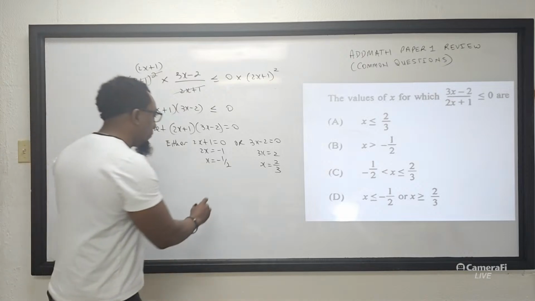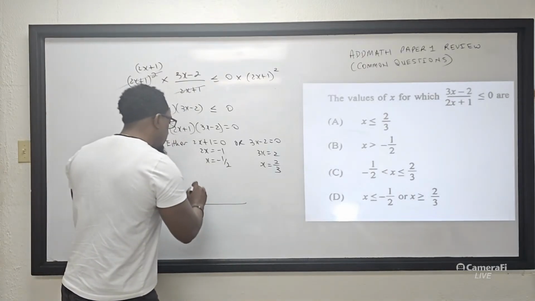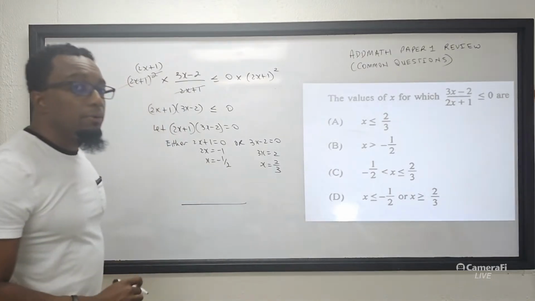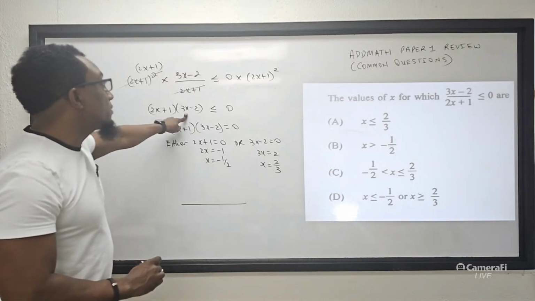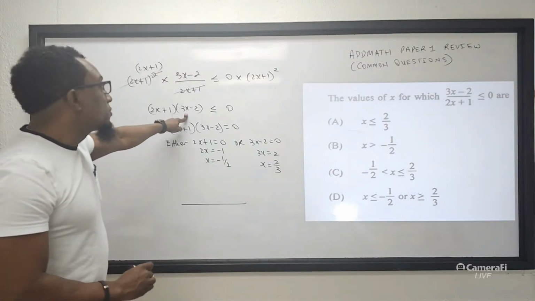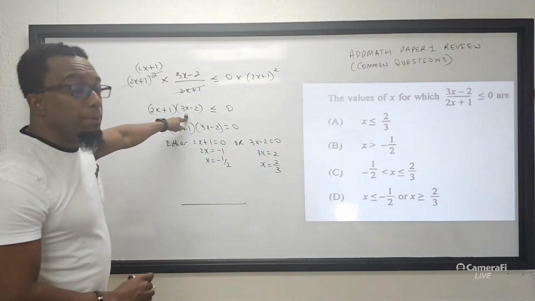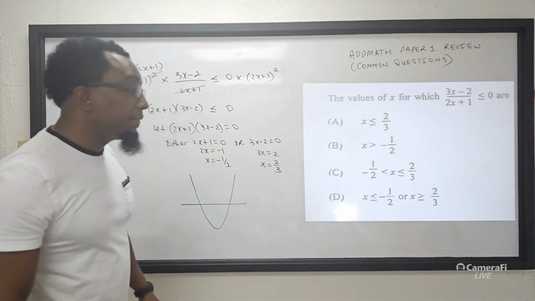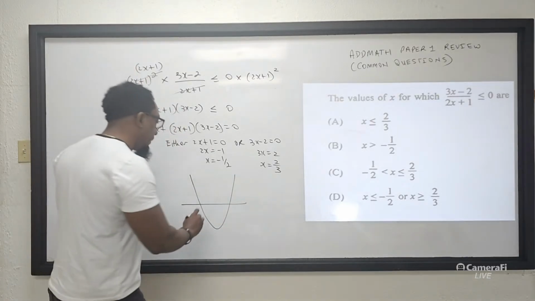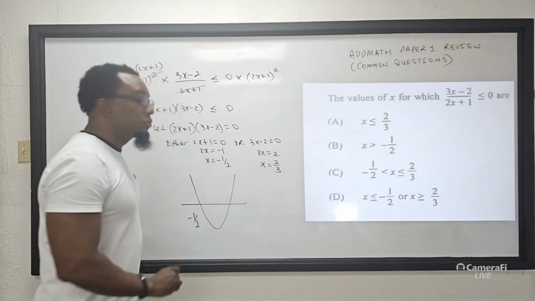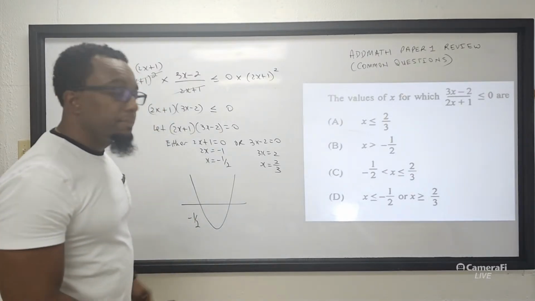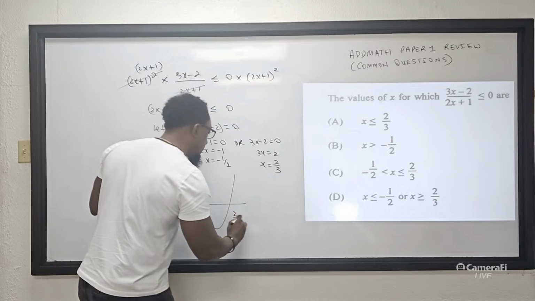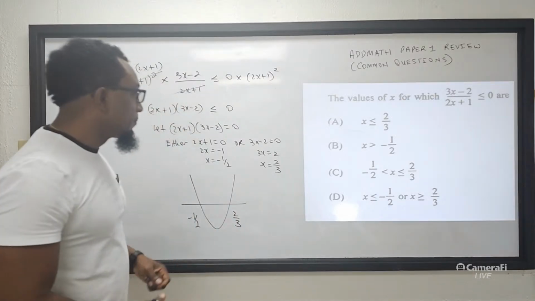So what I'm going to do always with quadratic inequalities, you will use a sketch that will define your range of values. So if I expand these two binomials, you'll see the number in front of x squared is positive, which will indicate that your curve, when you're sketching, will be concave up. The roots are negative a half, which is small on the number line, so that will be to the left, and 2/3, which is large on the number line, will be to the right.